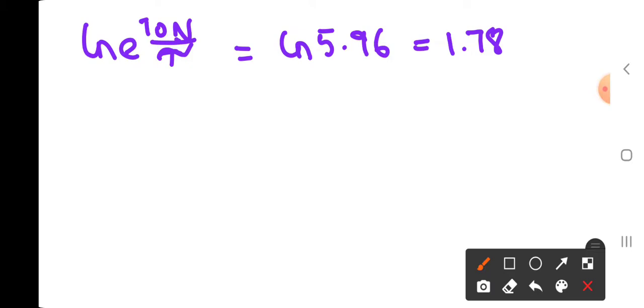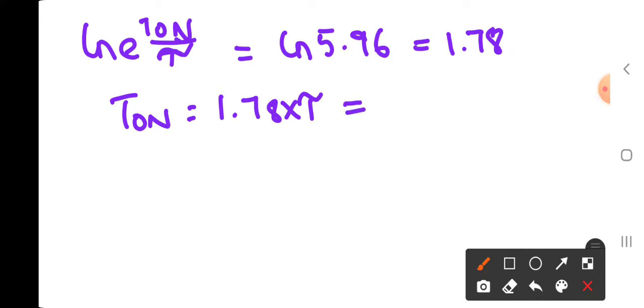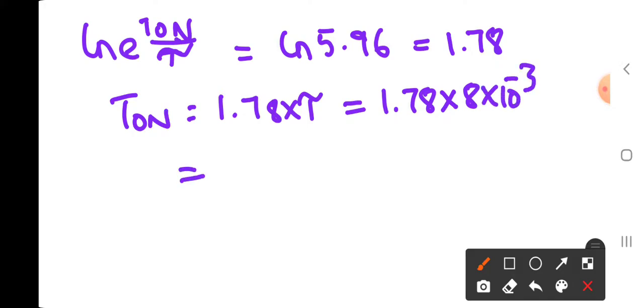Therefore, ln of e power T on by tau is T on by tau only. So T on is equal to 1.78 into tau, where the time constant is 8 into 10 power minus 3. So this will become 14.28 milliseconds.